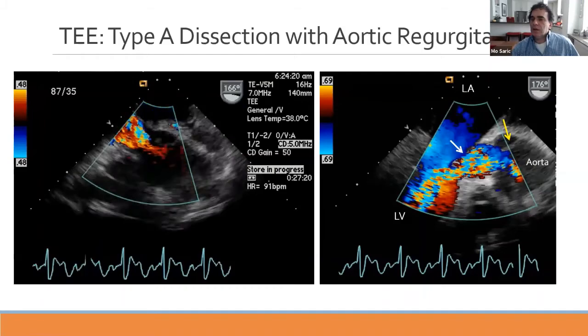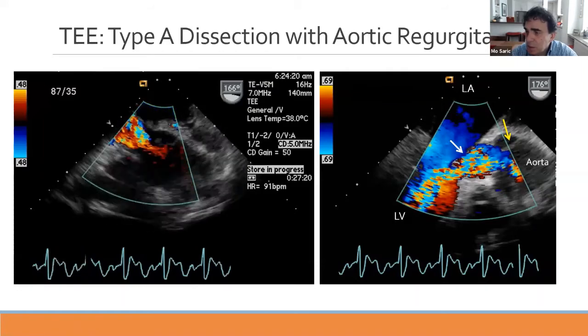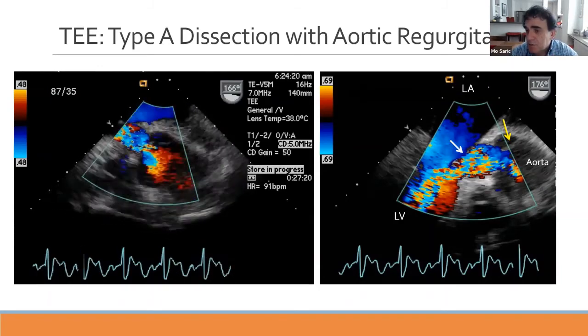valve. It is important to emphasize that there may be multiple mechanisms of aortic regurgitation in cases of type A dissection, in which prolapse of the dissection flap through the aortic valve is only one of them. The others could result from the destruction of the aortic valve by the dissection flap itself.